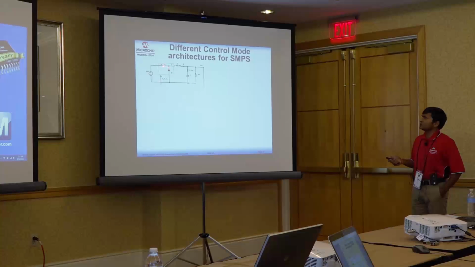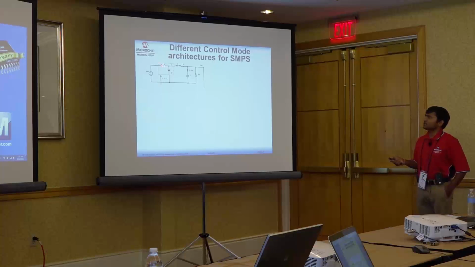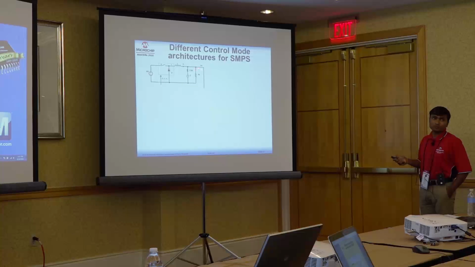There is a low side switch or a diode that freewheels the energy when the high side switch is off. The inductor and capacitor provide the ripple current and regulated output voltage at the output node.